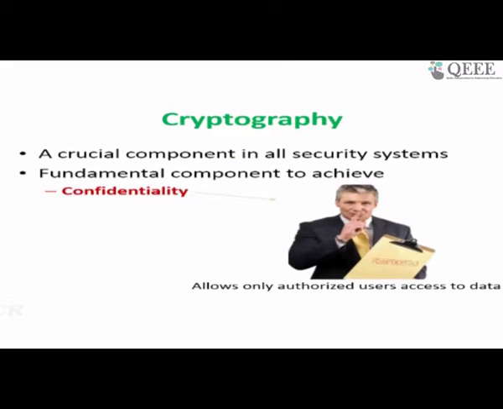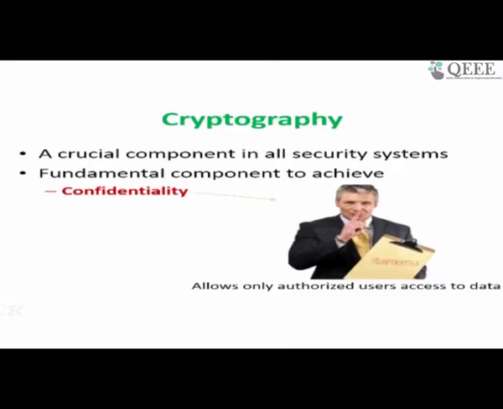Broadly speaking, before we dwell into what cryptography is useful for, let us first look at some of the fundamental requirements of where cryptography fits in our day-to-day life, especially when we look at online activities.